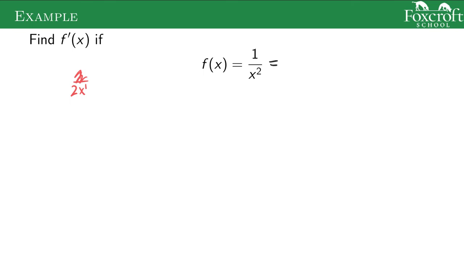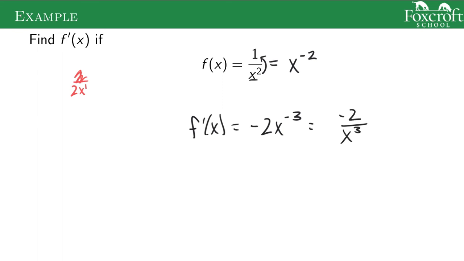And the way I do that, again using exponent rules, is if I have an exponent on the bottom, I can move it to the top of a fraction by just making the exponent negative. So 1 over x squared is the same as x to the negative 2. And then I can use my power rule: negative 2 times x to the negative 2 minus 1, which is negative 3. And you can keep it like that, or you could write it like that.